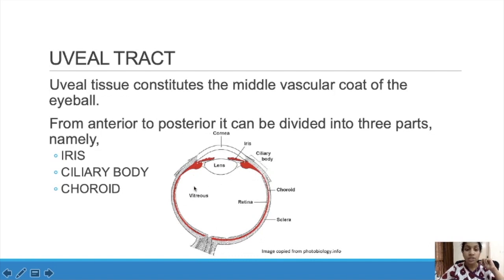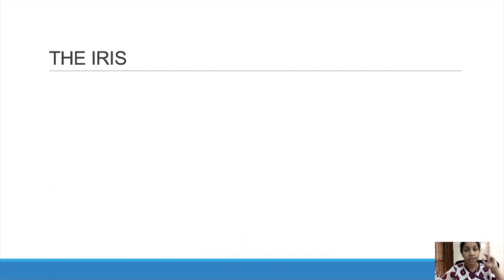So this is the uveal tract, this is uveal tissue. This is the middle coat of the eyeball, that is the vascular coat, and it consists of three parts: iris, ciliary body, and choroid.